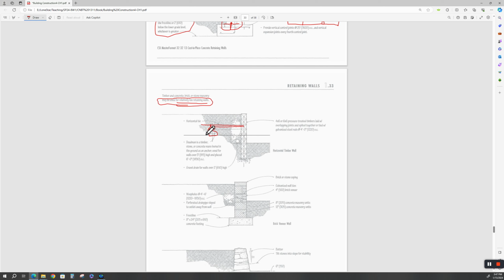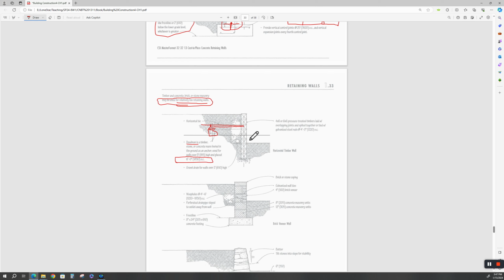A dead man is a timber, stone, or concrete mass buried in the ground. And it's an anchor used for walls over 3 feet high and placed 6 feet on center. Rule of thumb, your soils engineer and your structural engineer, if he's gotten over the fact you're going to make him design one of these, will tell you what you need.